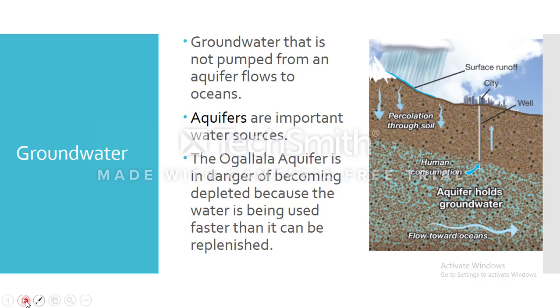The Ogallala Aquifer is in danger of becoming depleted because the water is being used faster than it can be replenished. This aquifer is found in the Midwestern United States. It has made agriculture profitable in this very dry region.